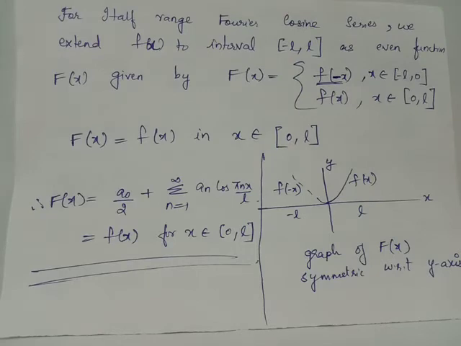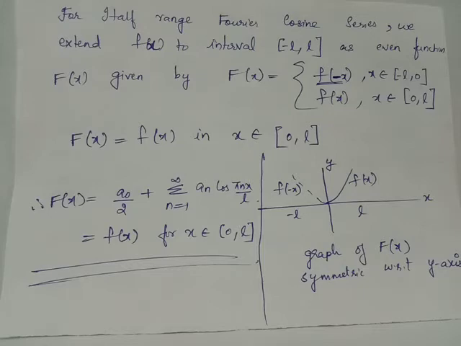This newly defined function capital F of x is an even function and it coincides with the already defined function small f of x in the range x belongs to 0, L. Also, you can see that the graph of capital F of x is symmetric with respect to y-axis, which ensures that the function capital F of x is an even function.